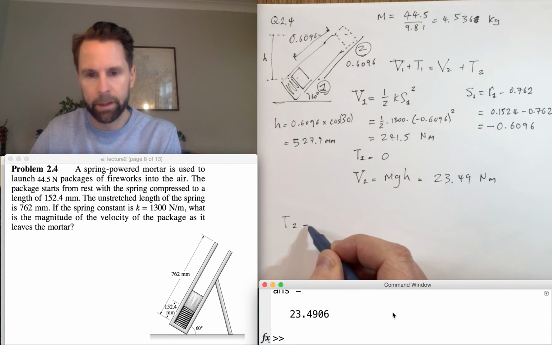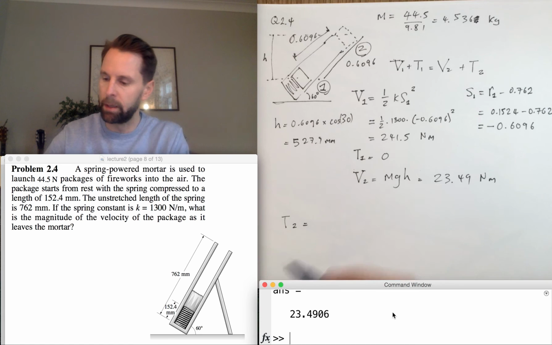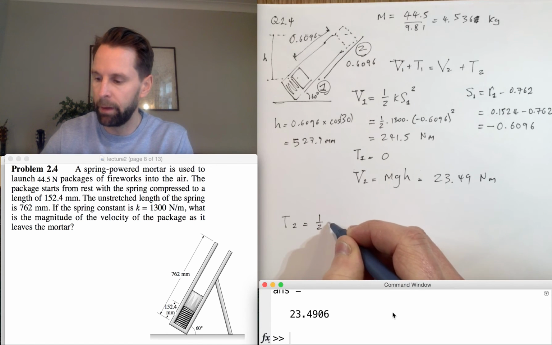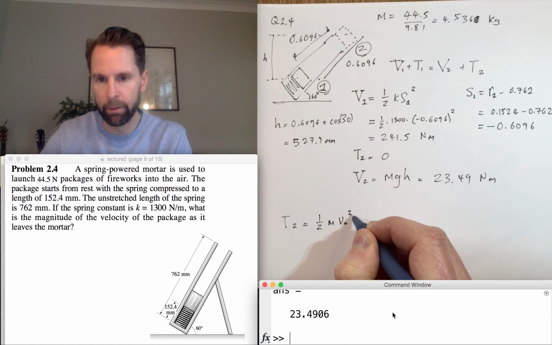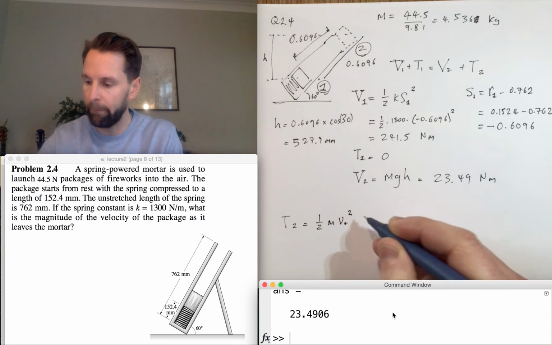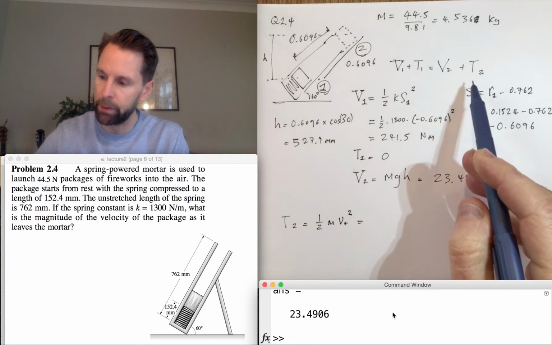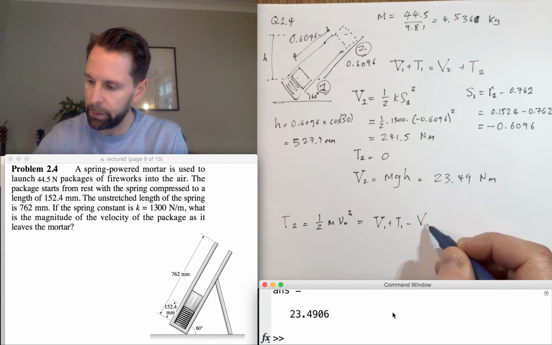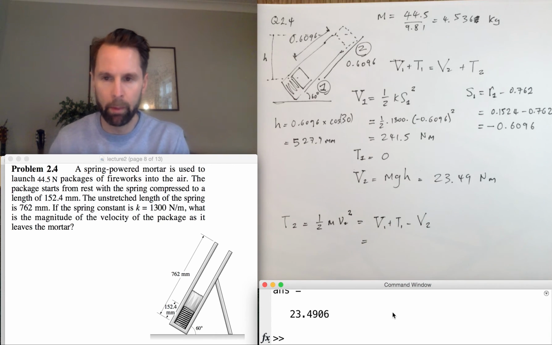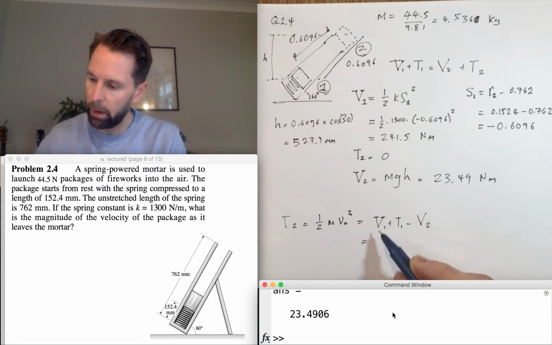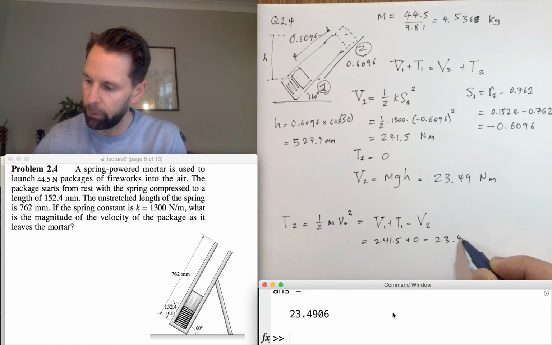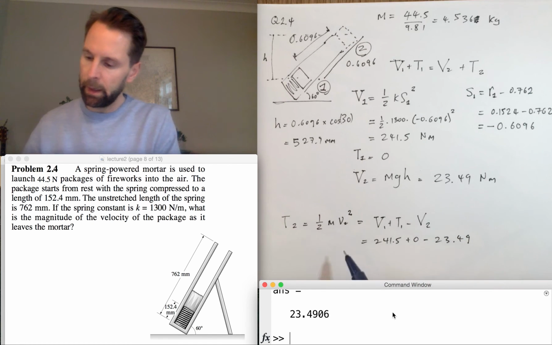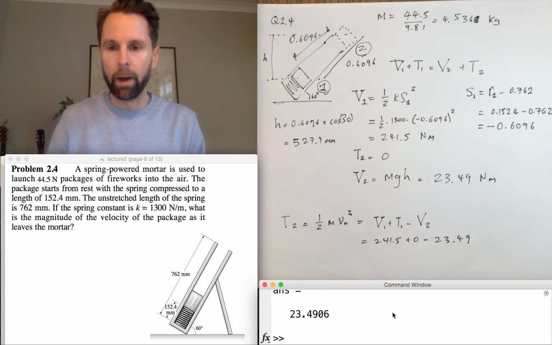The kinetic energy when the package leaves the barrel is equal to half m v2 squared, and it's the speed that we want to find out. That is equal to V1 plus T1 minus V2, which when we make the substitutions is 241.5 plus 0 minus 23.49 is equal to half m v squared.